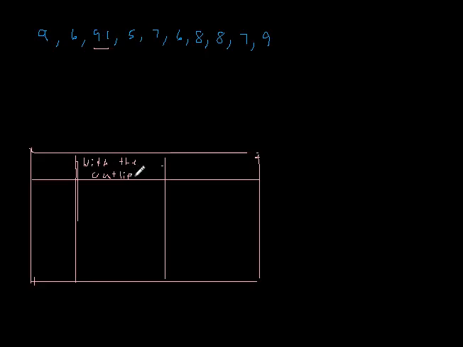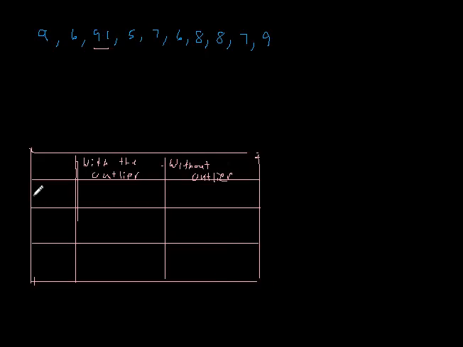And then the second one, let's do it without the outlier. So with the outlier, without the outlier. And we're going to find the mean, the median, and mode. And the MED will be short for median.